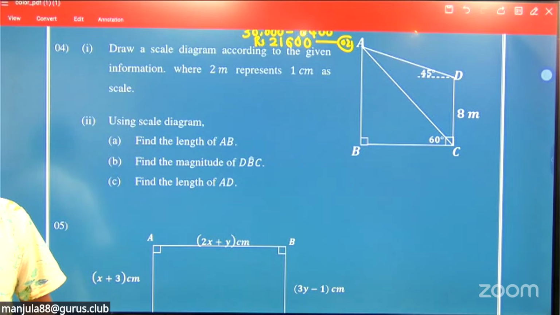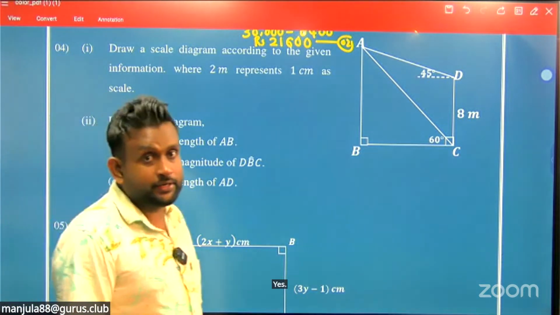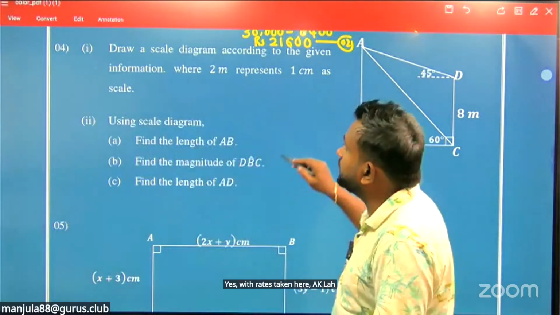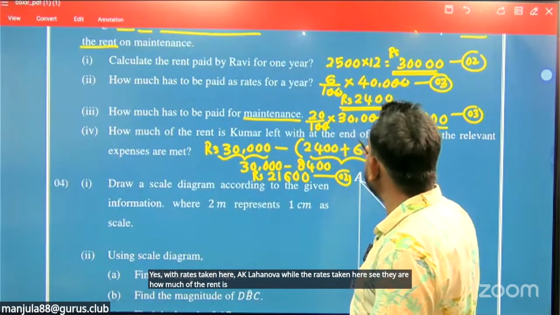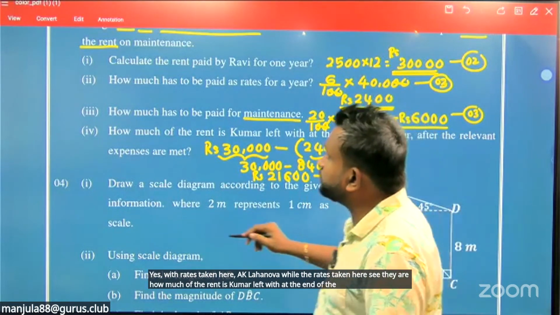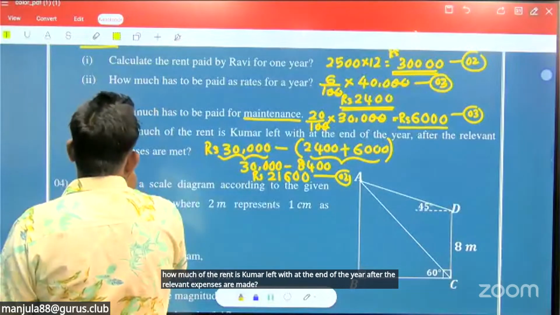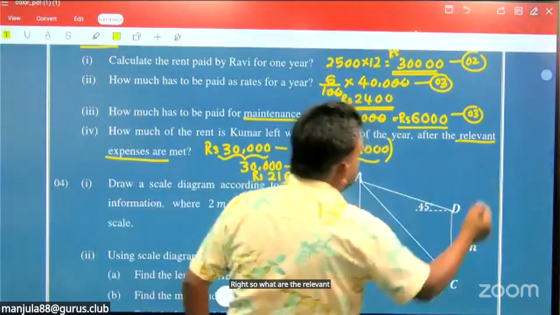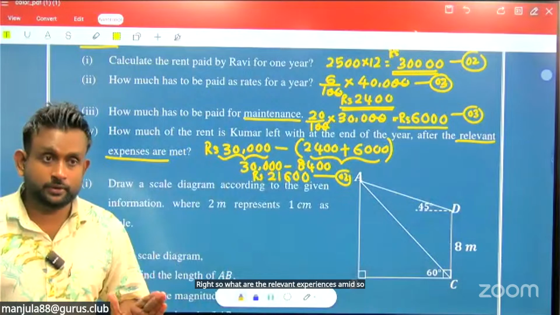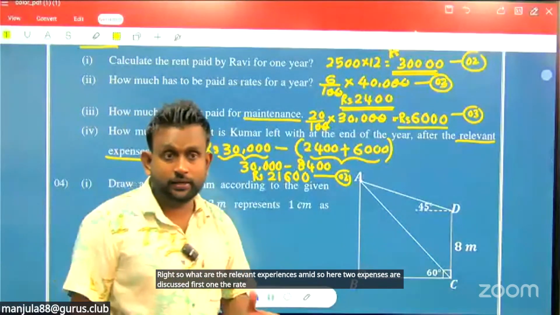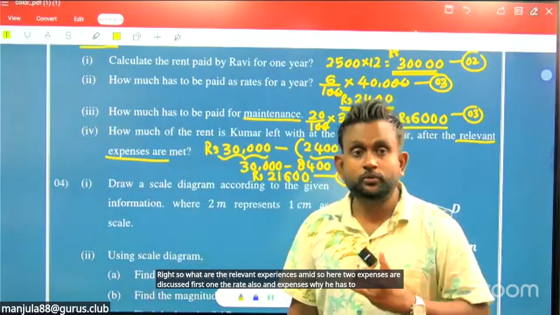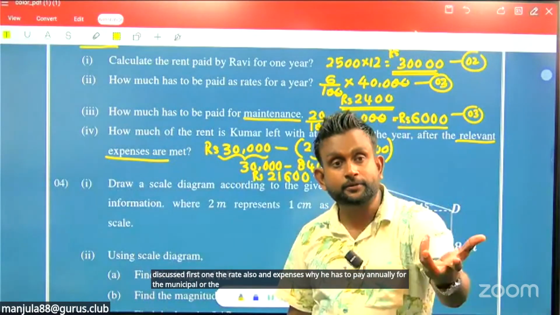It says how much of the rent is left. Why are the rates taken here? See there: how much of the rent is Kumar left with at the end of the year after the relevant expenses are made? So what are the relevant expenses? Here two expenses are discussed. First one, the rate. He has to pay annually to the municipal or urban council the rate.